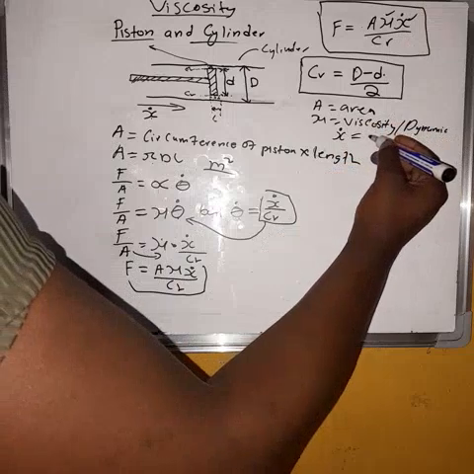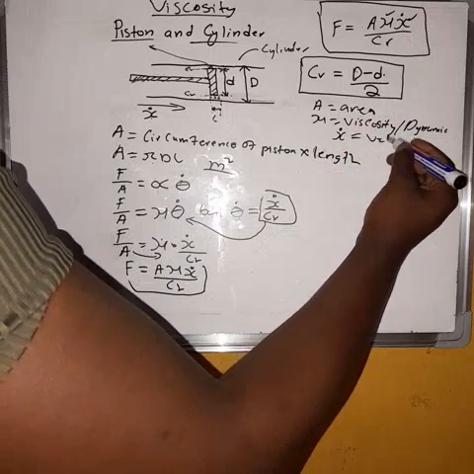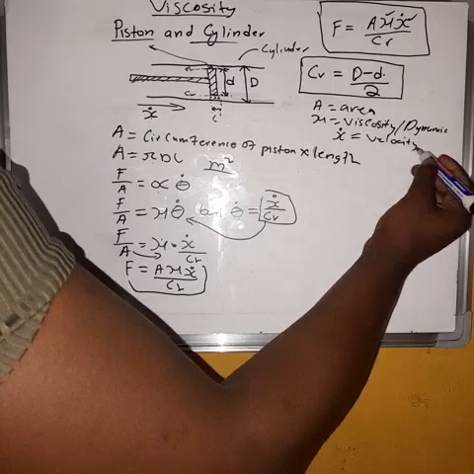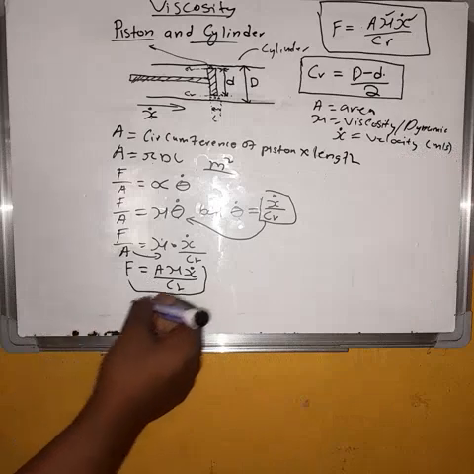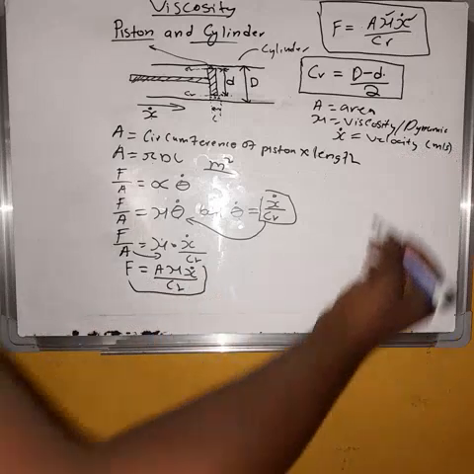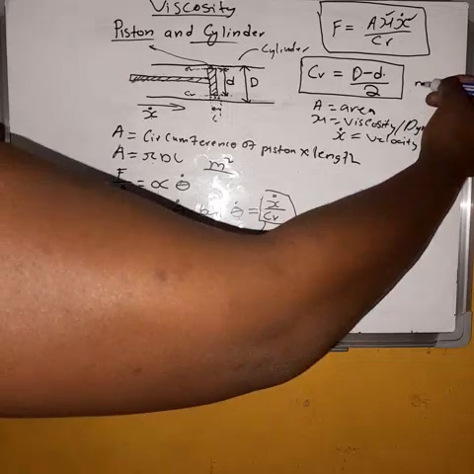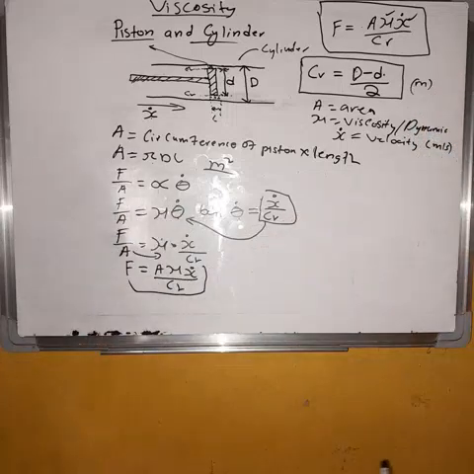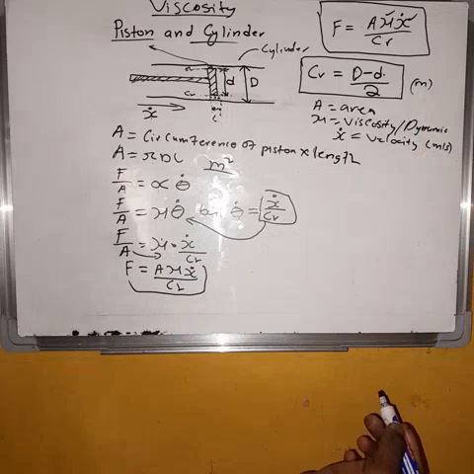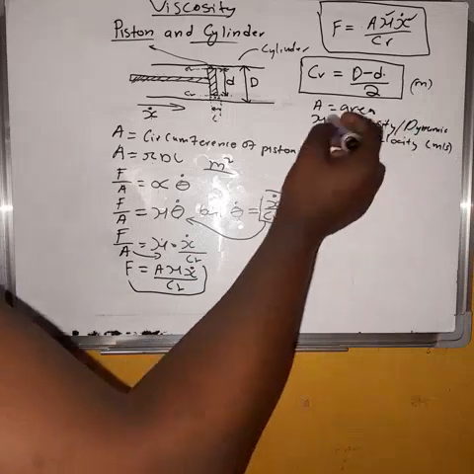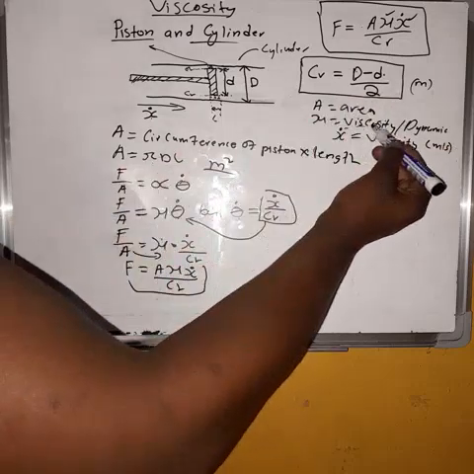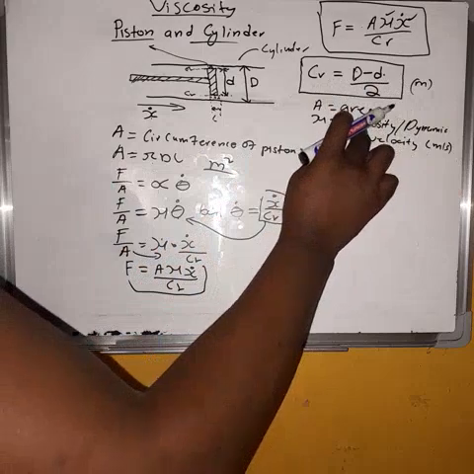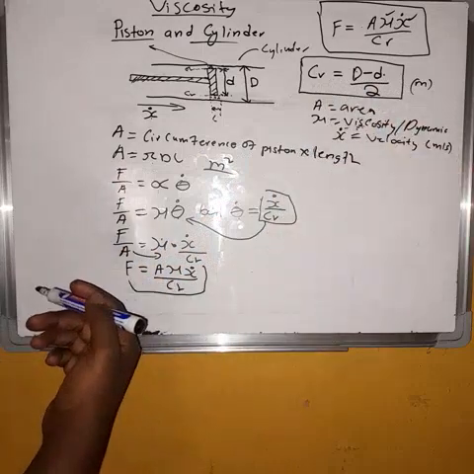It's the velocity, which as you know is measured in meters per second, right? Clearance is measured in meters. The coefficient of viscosity is the same thing, known as dynamic.